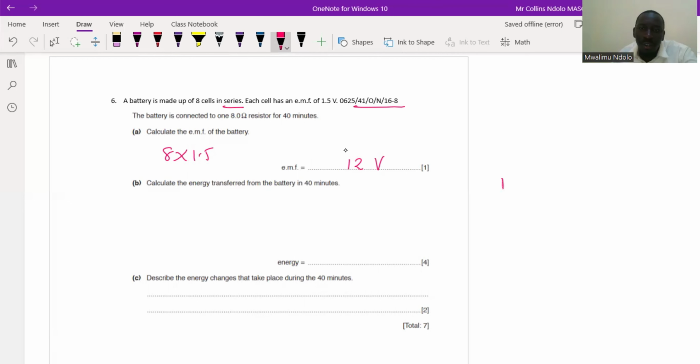If you know the definition of power as the rate of doing work, so power is work done per unit time, then you should know that work done is power times time. Just this formula can save you a lot. And then power, we know it is IV. So you deal with what you have. And if I look at this question here, the battery is connected to a resistor.